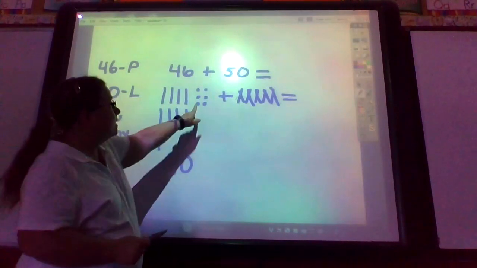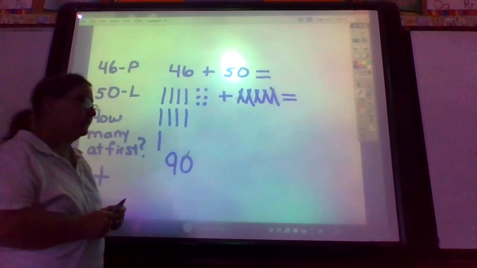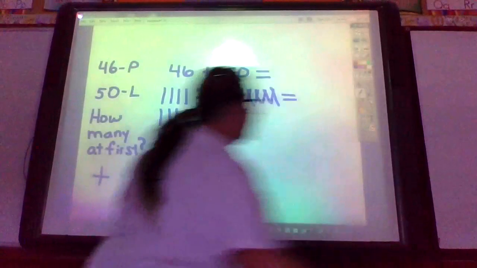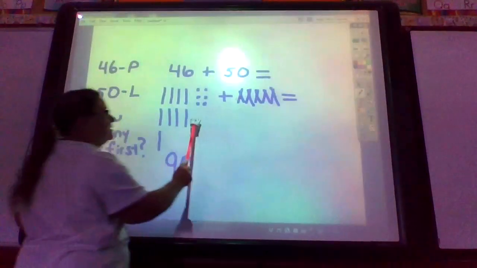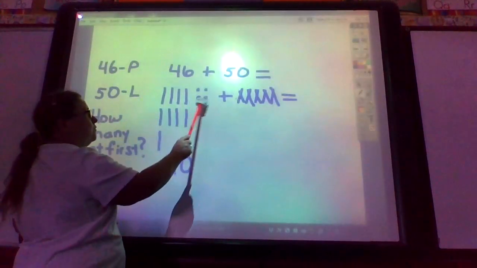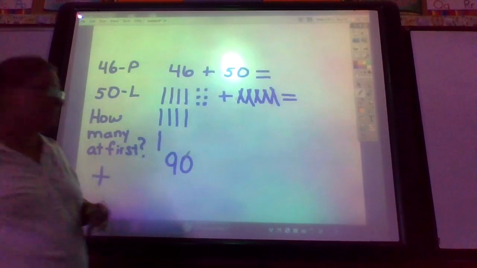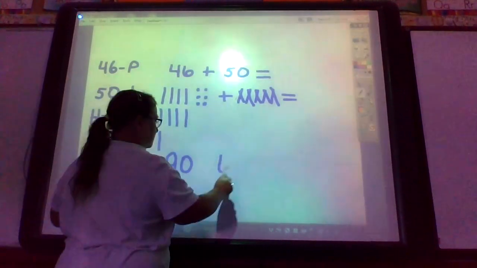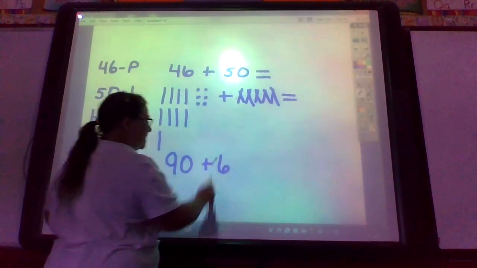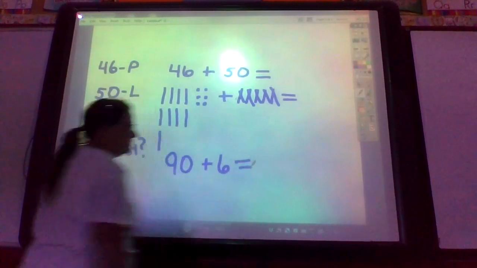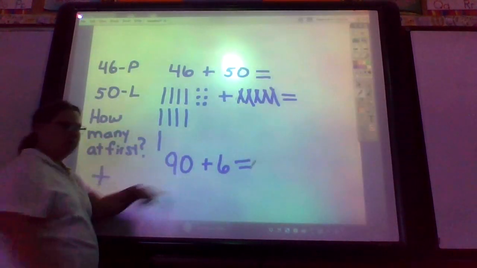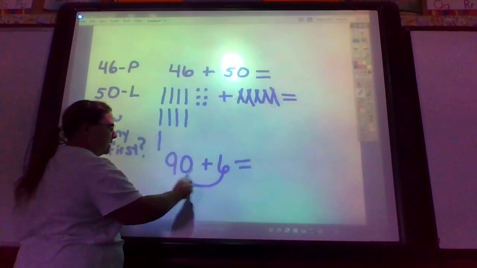Okay, let's count how many ones we have left. I didn't have any over here. They're all on this side. 1, 2, 3, 4, 5, 6. So I have 6 ones. So now I can add my tens and my ones together. And I know that there's a 0 here, that I can make this a slide number.